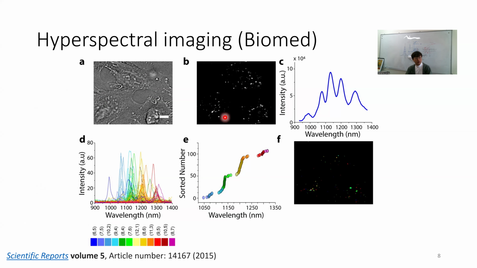Then each pixel does not always have the same nanotubes. Some, for example, (6,5) was here and (10,5) is here. So they can differentiate that kind of different nanotubes by the spectrum, showing each with different pseudo colors in the images. Then what we can do is, for example, use only one single chirality that is labeling the cancer cells, and other chiralities for the normal cells.